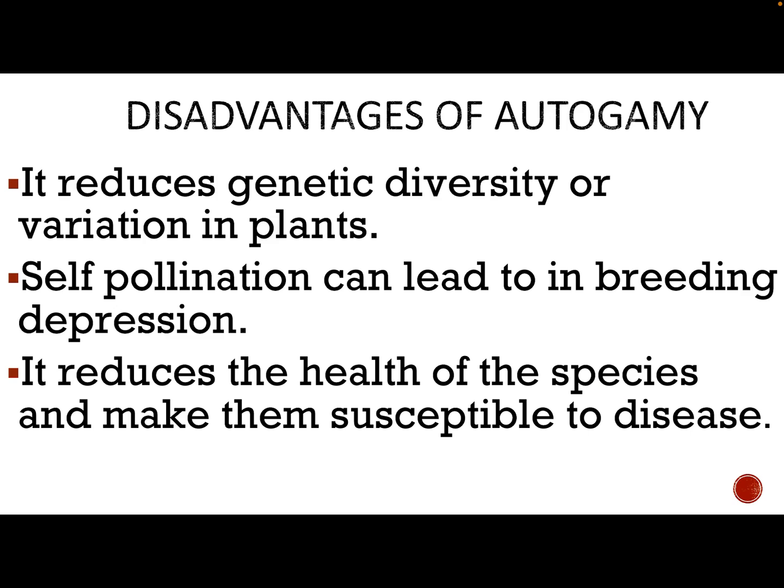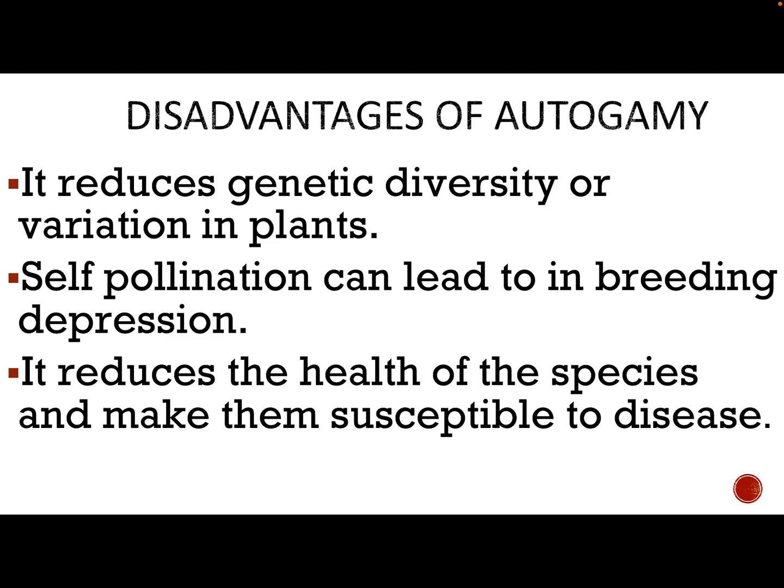It reduces genetic diversity or variation in plants. What is genetic diversity? When you are going by a field where one kind of plant is grown, like mustard, you will see that there are so many types of flowers. Some are very big, some are small.